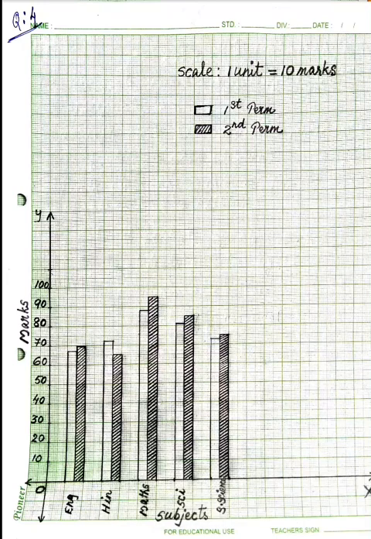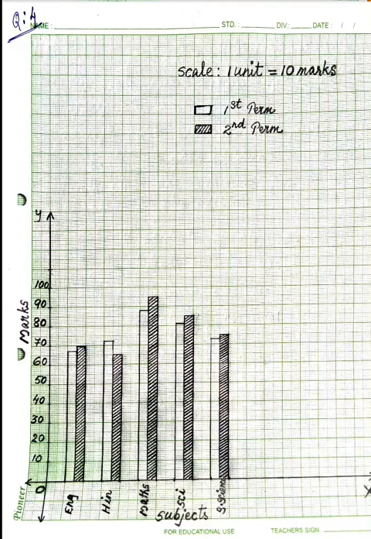Now, after drawing the graph, answer the questions. In which subject has the child improved his performance the most? How can you find it out? See the graph. From the graph, it's clear that the child has shown improvement in English, Maths, Science and Social Science. In all these 4 subjects, improvement is there. But in which subject is the improvement the most?